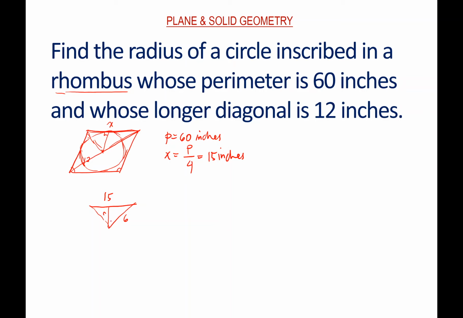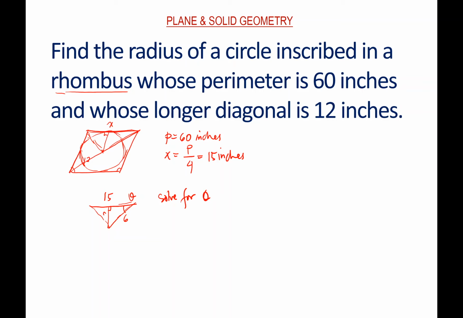Now, how do we find R? Given 15 and 6, first we can determine the theta here. Since we are given two sides, we can solve for theta.